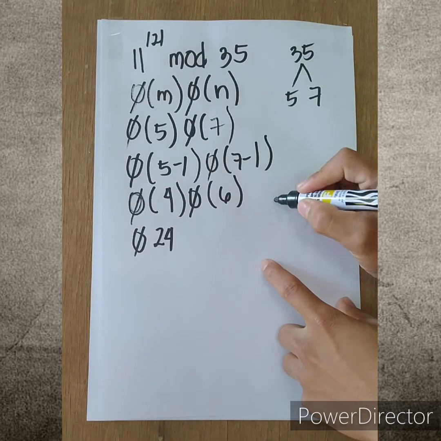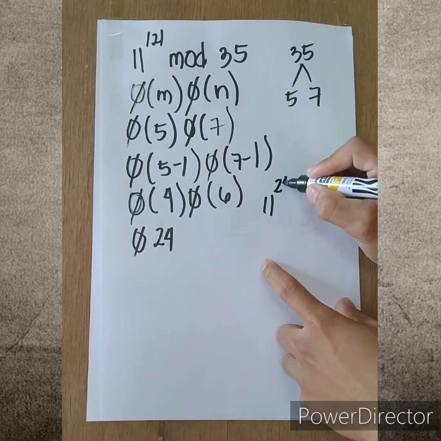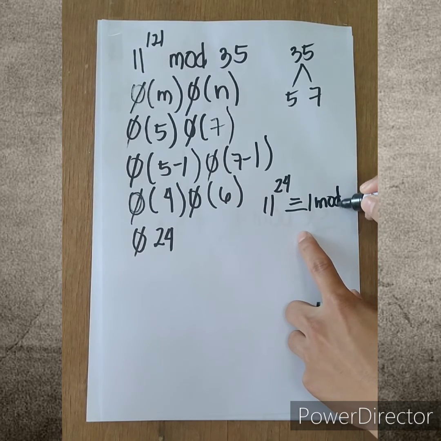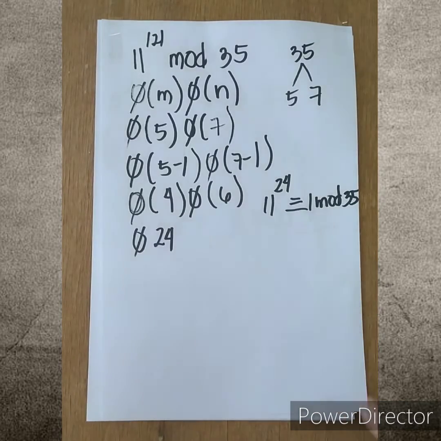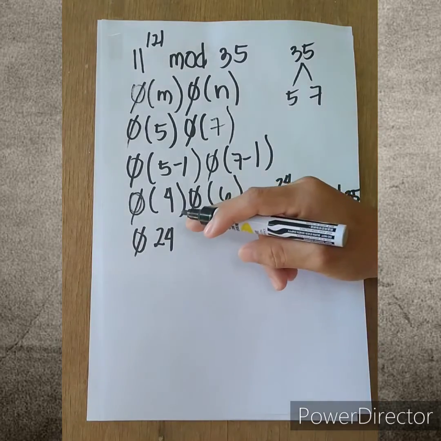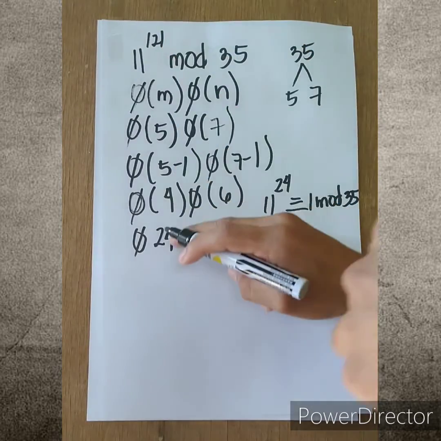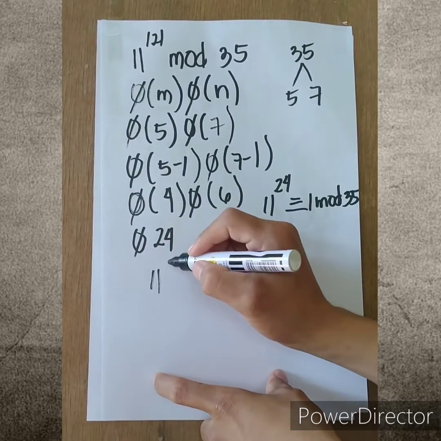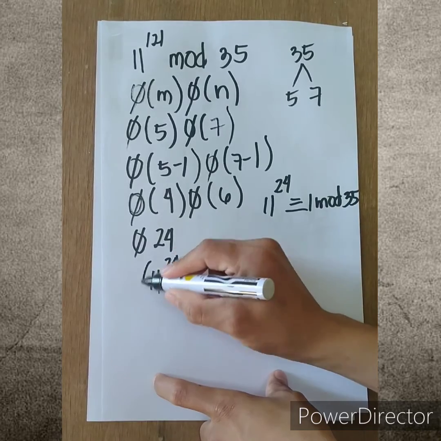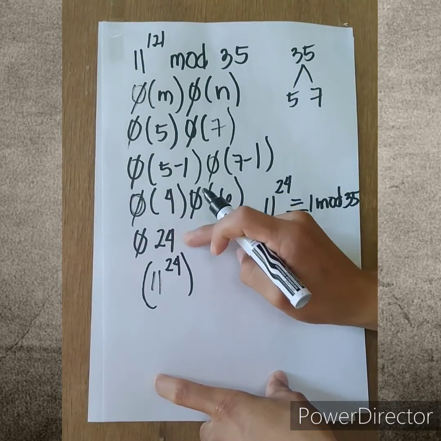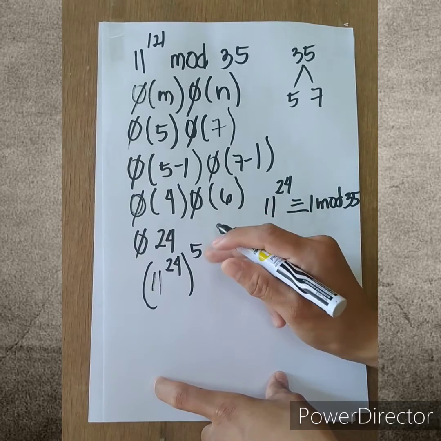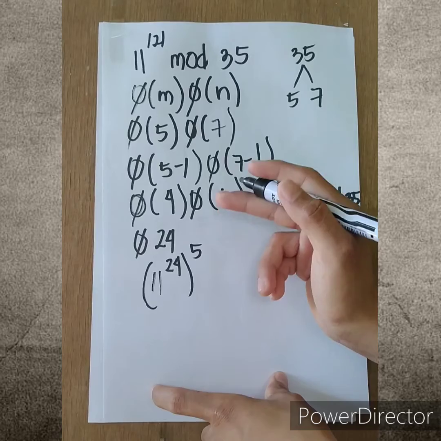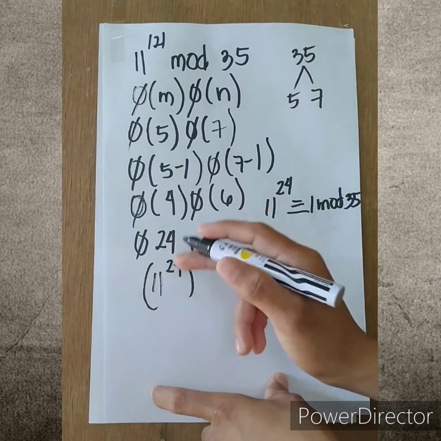Since 11 raised to 24 is congruent to 1 mod 35, we will divide 121 by 24. 121 divided by 24 is 5. But 5 times 24 is just 120. So there is a remaining 1 power.